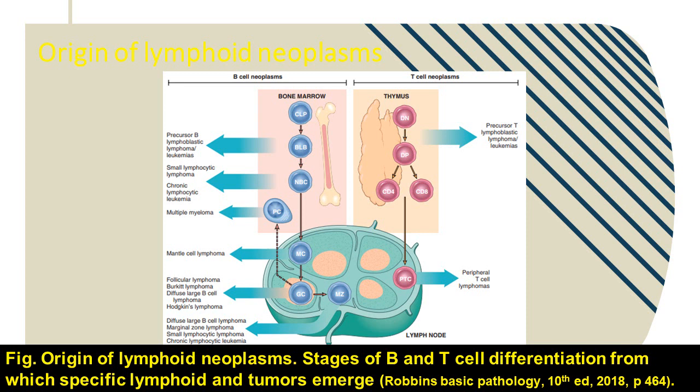The tumors that arise from the peripheral T cells are mainly the peripheral T cell lymphoma. It is worth knowing that the precursor B or T lymphoblastic lymphoma and leukemias arise from the pre-B lymphoblast or the pre-T cells respectively.